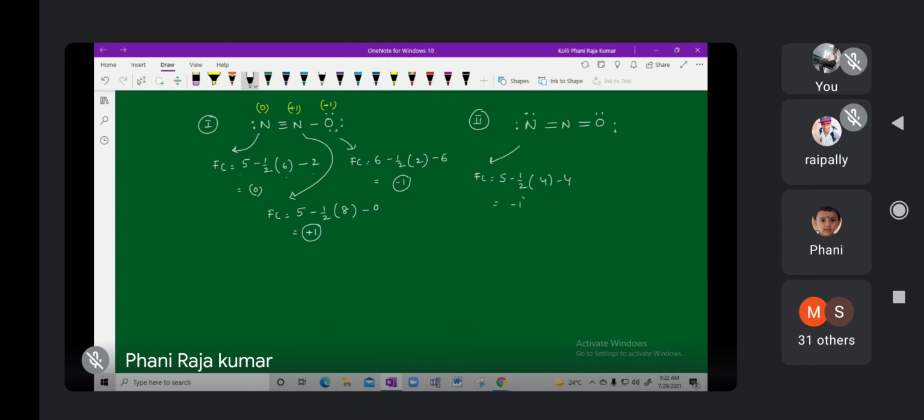That is minus 1. Now for the central nitrogen, formal charge is 5 minus half of 8 electrons, no unshared electrons. That is equal to plus 1. For the terminal oxygen atom, formal charge is 6 minus half of shared electrons 4, minus unshared electrons 4. So this is equal to 0.